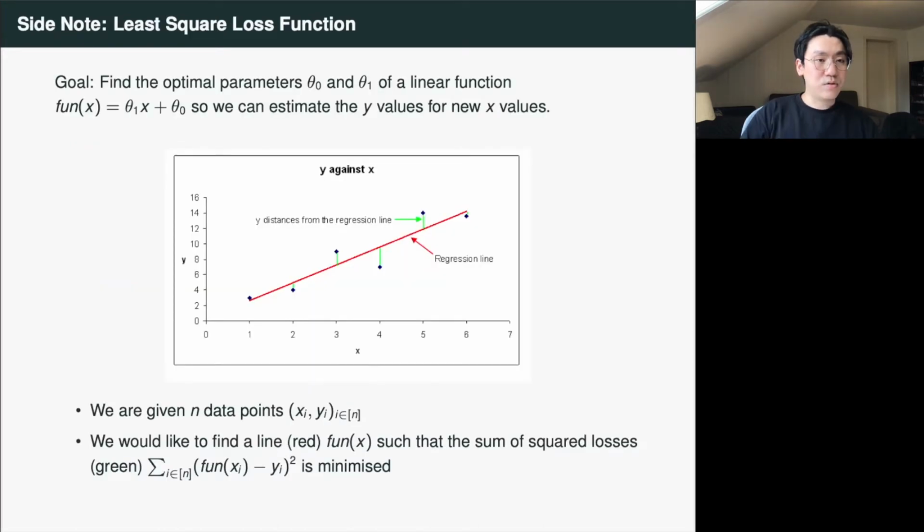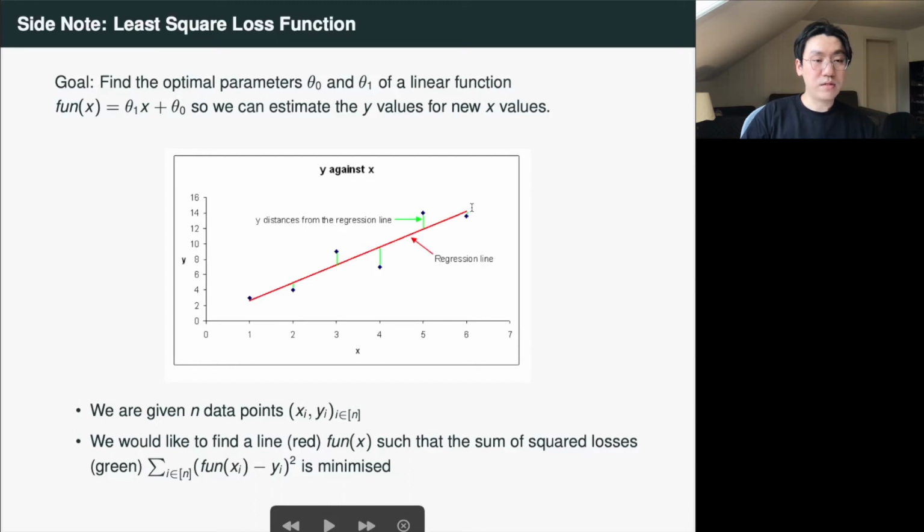This slide shows graphically the idea of least square loss function. The dots on the plot are the data points in the training dataset. For example, this data point shows when x is 1, the corresponding y value is 3 here. The goal is to find the optimal parameters of a linear function that can estimate the y values for new x values. In other words, find the regression line that fits the data points.